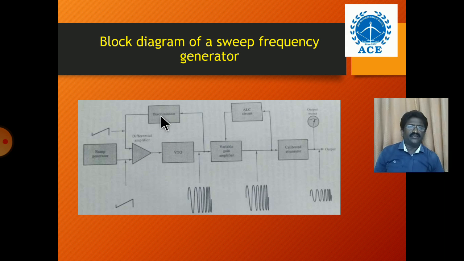This is the differentiator and the VTO, and this is the LC control, and this is the voltage gain amplifier and control attenuator. These are the basic blocks in the sweep frequency generator.